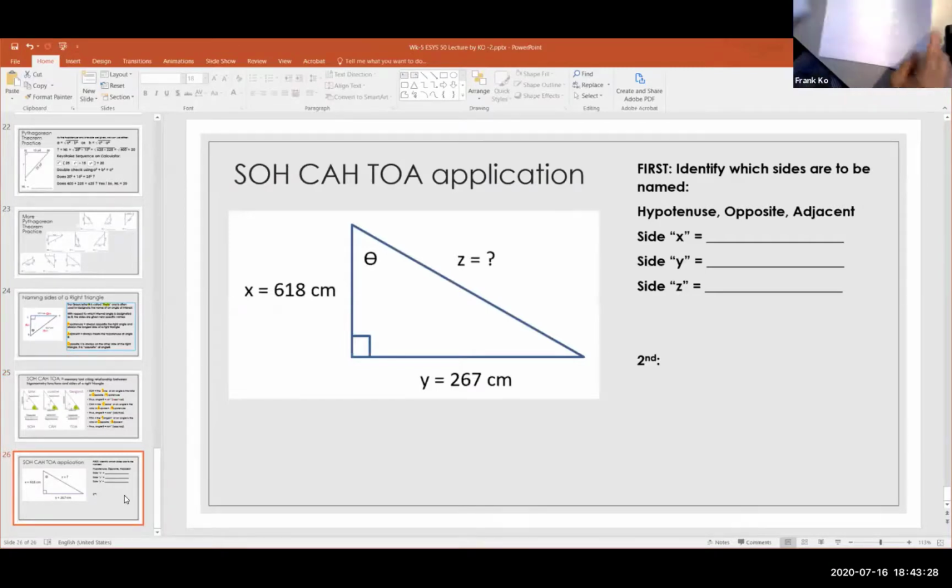Given this particular triangle, take a moment and copy it down. Theta, 618 and 267, x. Okay.